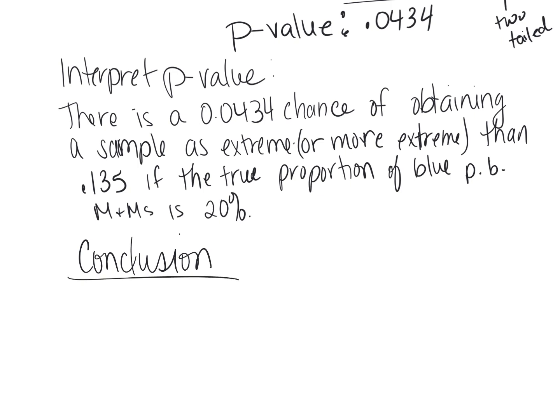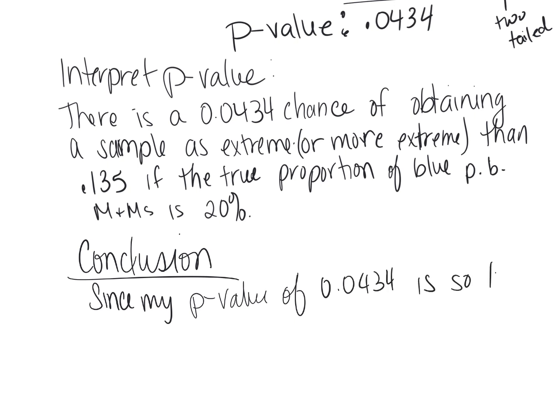Since my p-value of 0.0434 is so low, remember that under 5% is definitely low enough. Between 5 and 10% is kind of a judgment call. Okay, it is so low, I reject the null hypothesis.